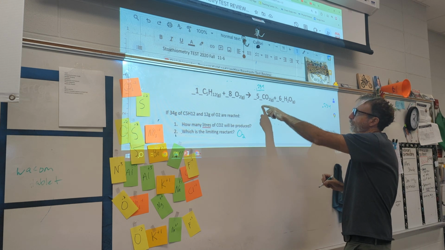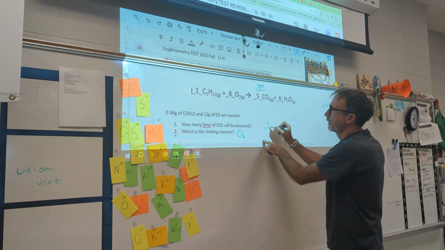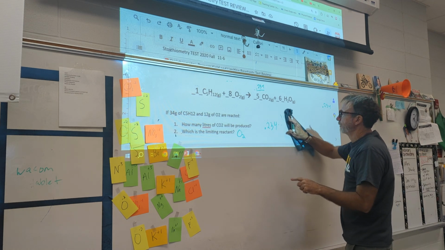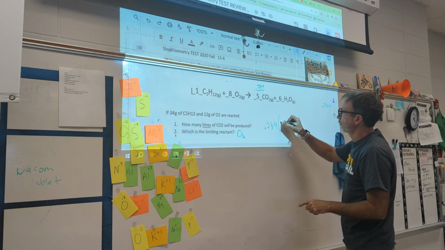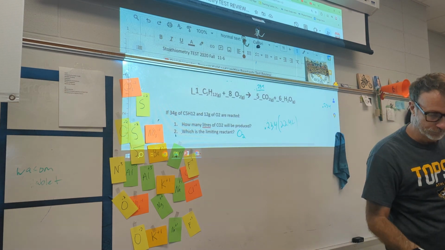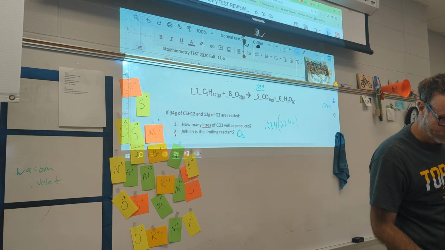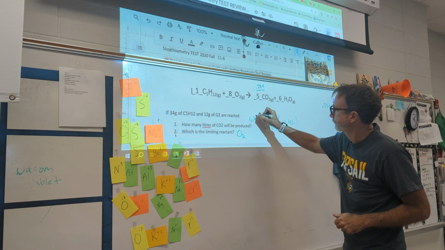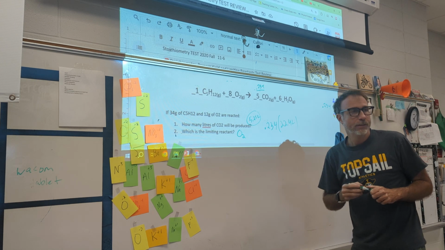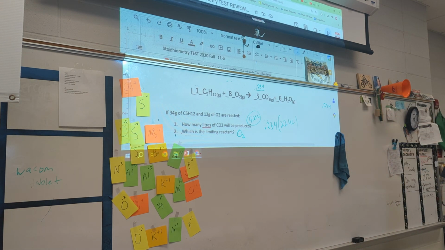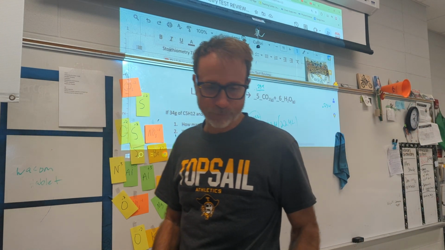How much is going to be produced? 0.234 moles, and each mole is 22.4 liters per mole. 0.234 times 22.4. It's only going to make 5.25 liters. That's the limiting reactant. Is that the end of it? All right. Cut my phone off before it explodes.